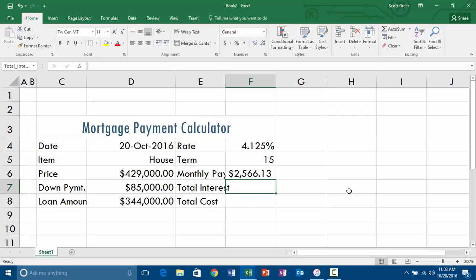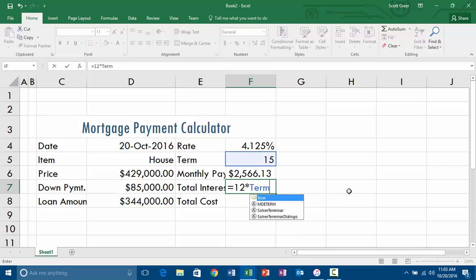So we're going to say in F7, this one equals 12 times the term, and I'm just getting this from the book, times the monthly payment, minus the loan amount.